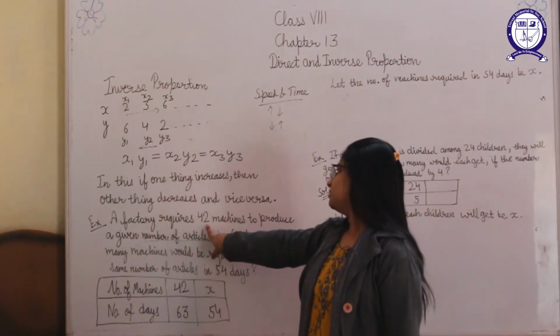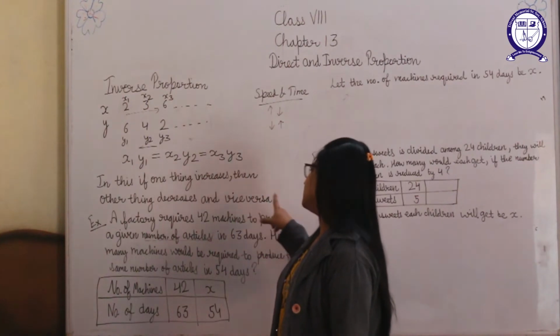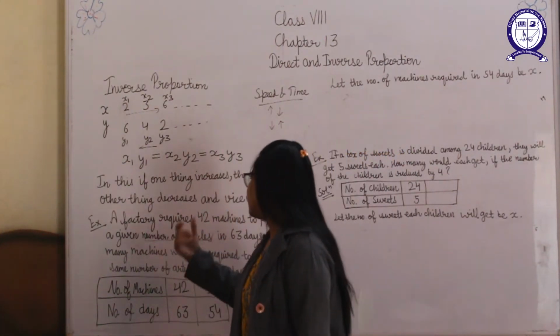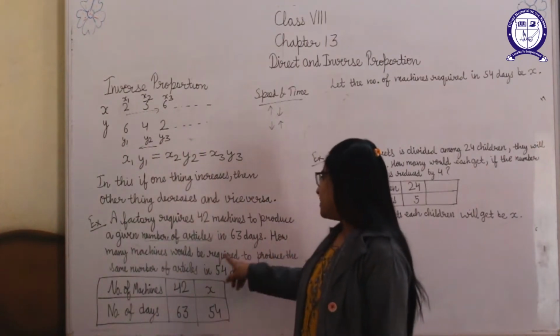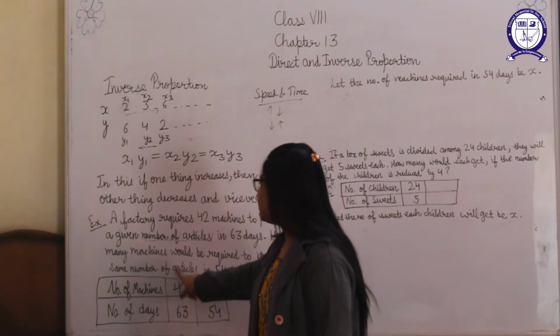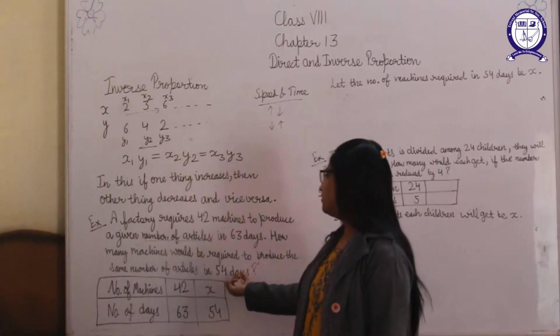These are the number of articles that the factory needs to make. If by using 42 machines in 63 days they make a certain number of articles, how many machines will be required to produce the same number of articles in 54 days?